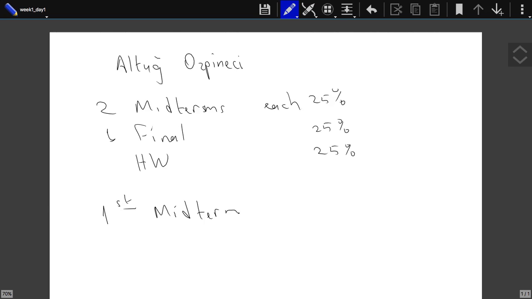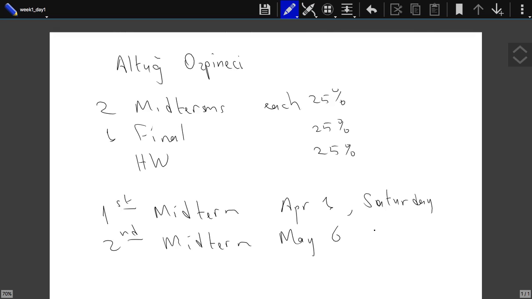Oh, the midterm dates. First midterm, April 1st, second midterm, May 6th. These are both Saturdays.